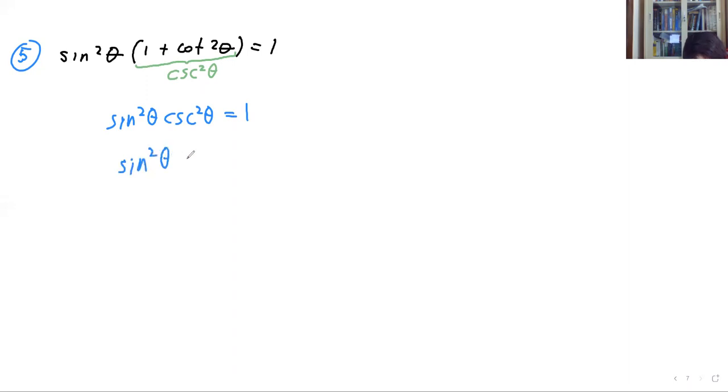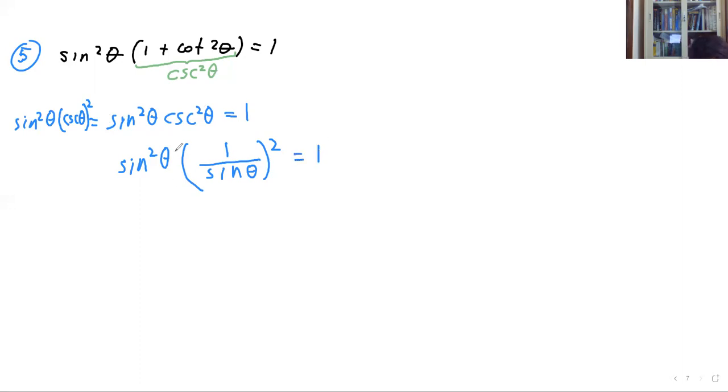We've also seen that this is a reciprocal identity, so it's sine squared theta times 1 over sine theta, all squared.